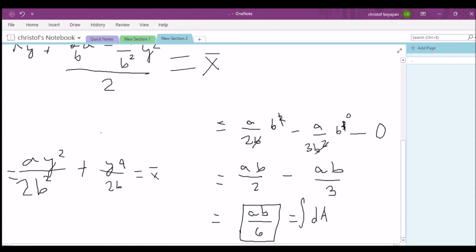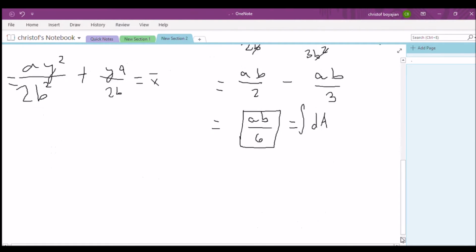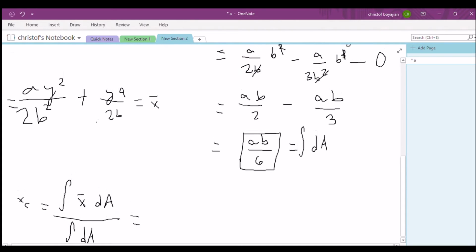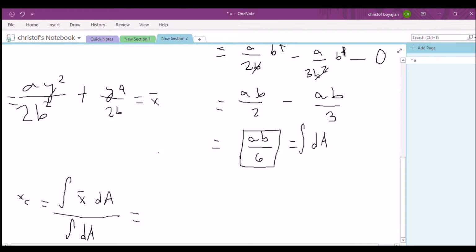So our x coordinate of the centroid, I'm going to need a lot of space here, is going to be, now I'm going to rewrite this equation just for the sake of us referring to it. So x bar times dA, integral of that, divided by the integral of dA. So let's go ahead and replace all of our variables that we have here. So our x bar should be this guy right here.